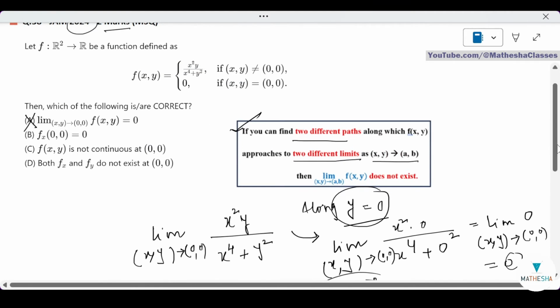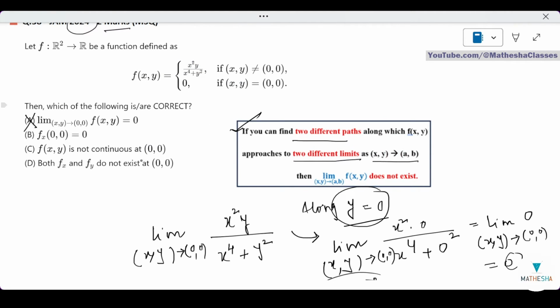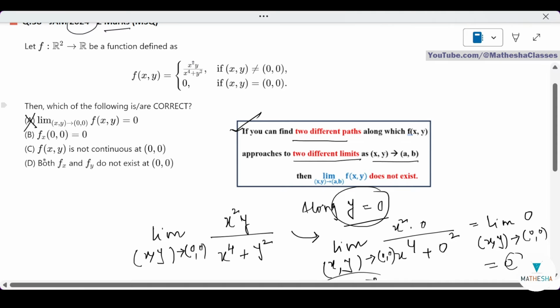Because अगर (0,0) में continuous होता, had it been continuous at (0,0), then definitely limit has to exist at that place and the value of the limit has to be 0. That means f(0,0), this one. But यहाँ पे तो limit exist ही नहीं कर रहे हैं, तो definitely यहाँ पे function continuous नहीं है. So this is true.